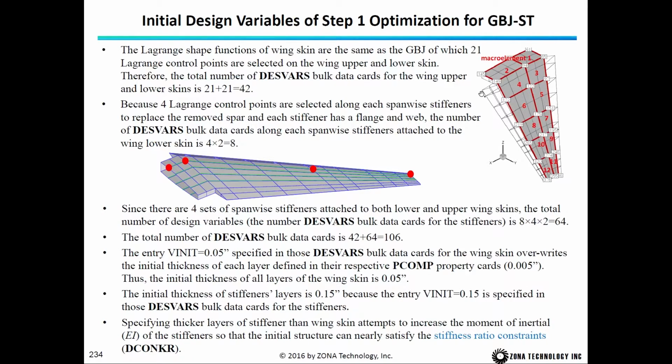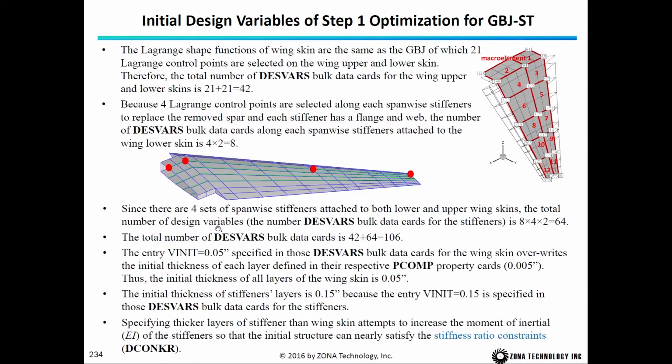Because 4 Lagrange control points are selected along each spanwise stiffener to replace the removed spot, and each stiffener has a flange and web, the number of DESVARS along each spanwise stiffener attached to the wing lower skin is 4 times 2, because each one we have a flange and web. So one for flange, one for web.